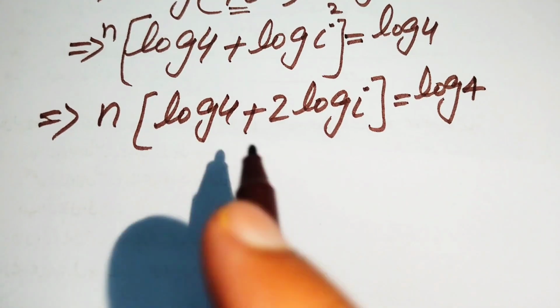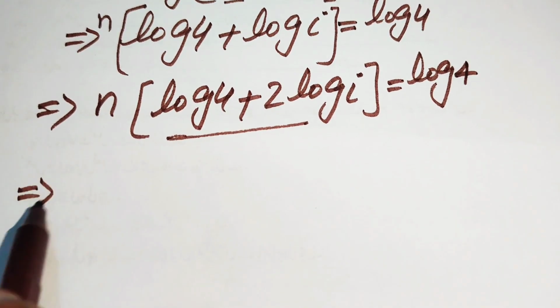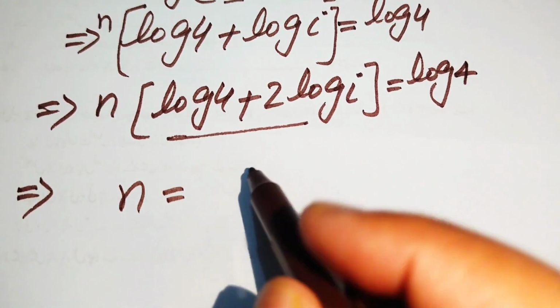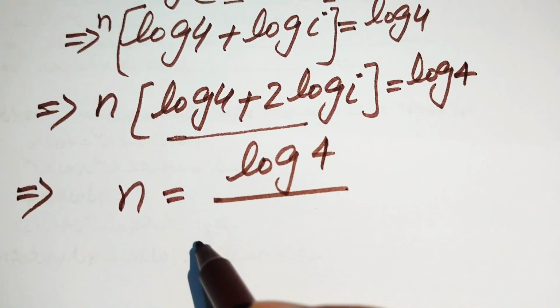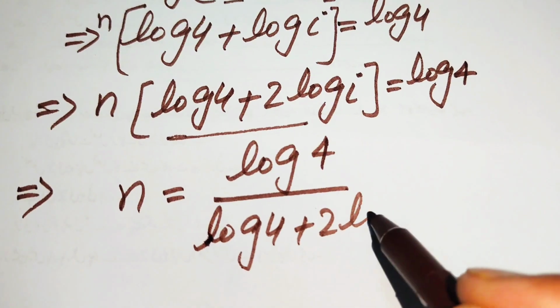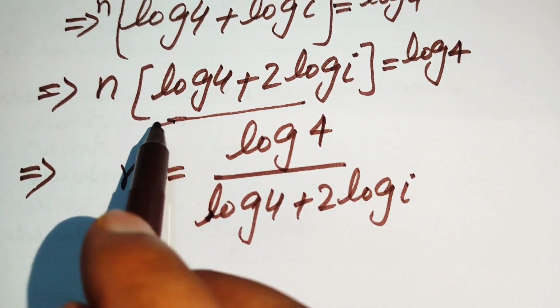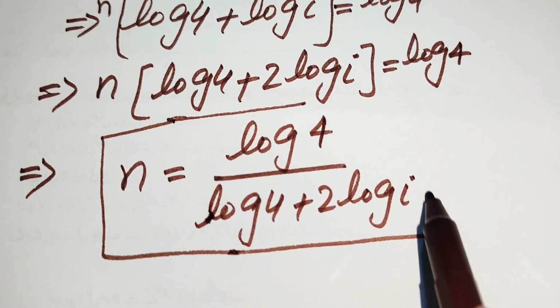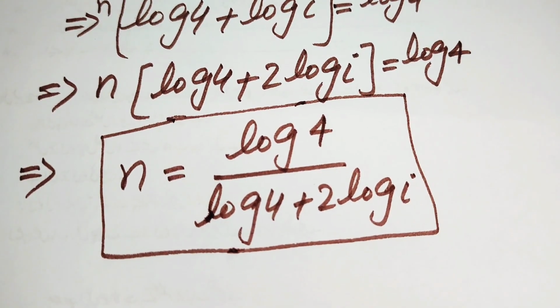So here we move this whole term to the right hand side, and it will be written as n is equal to log of 4 divided by log of 4 plus 2 times log iota. So this is our final answer of this question by using the second method.